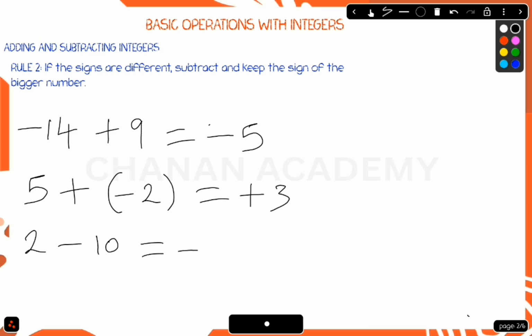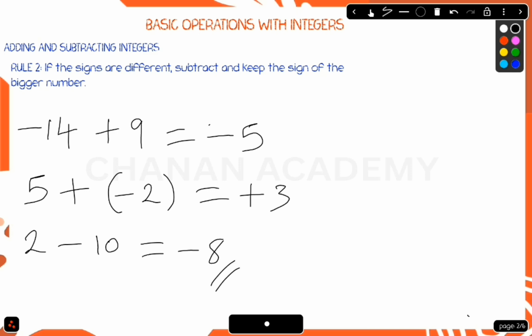So keep the sign which is negative, and then subtract. Of course, if you want to subtract, use the bigger number, which is 10, to subtract the smaller number. Irrespective of the arrangement, you use the bigger number to subtract the smaller number in this case. So 10 minus 2, the result is 8. So our answer is minus 8.